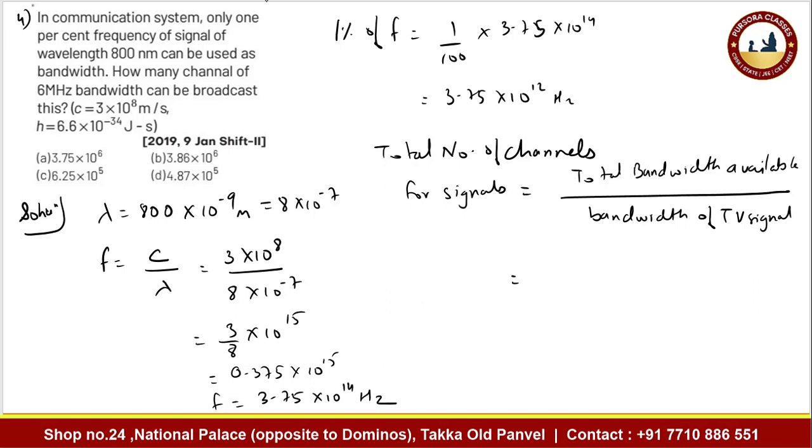So total bandwidth available is 3.75 into 10 raised to 12. Bandwidth of a TV signal is 6 into 10 raised to 6.